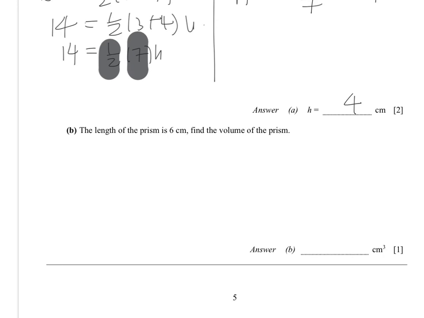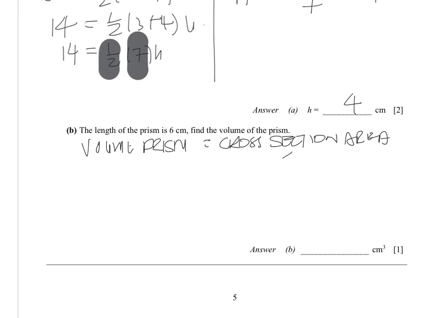If the length of the prism is 6 cm, what is the volume of the prism? As I said, the volume of any prism is equal to the cross-section area multiplied by the length.